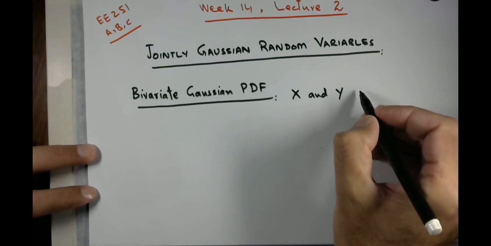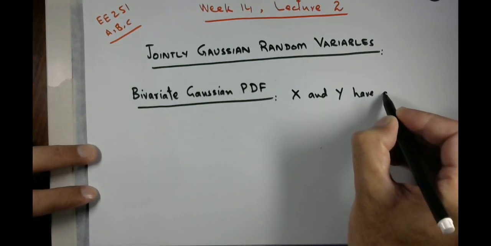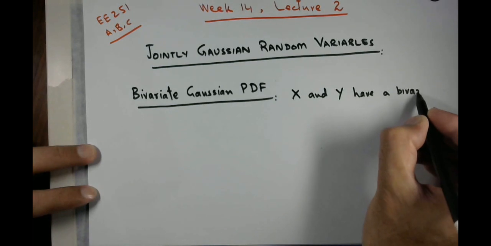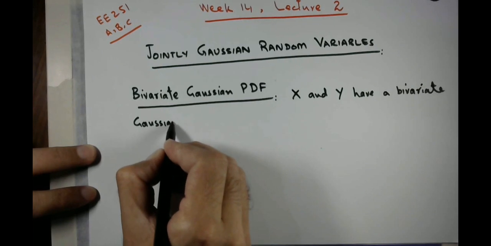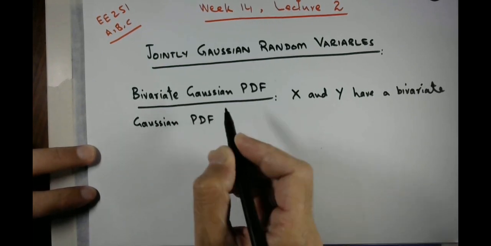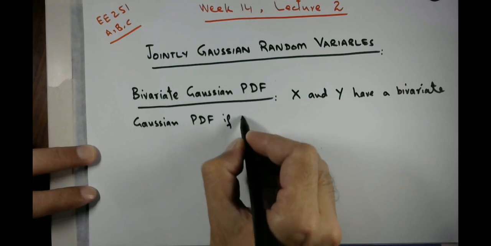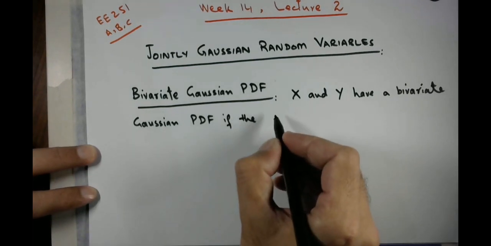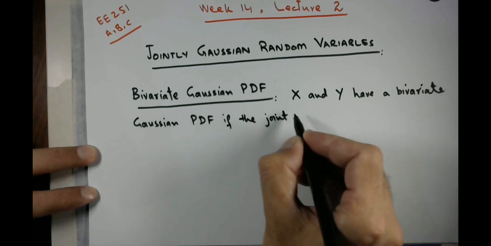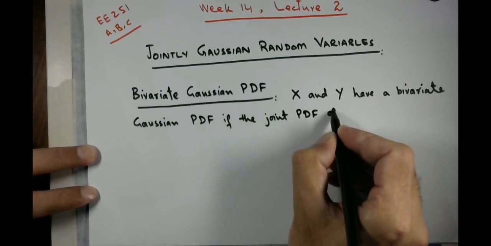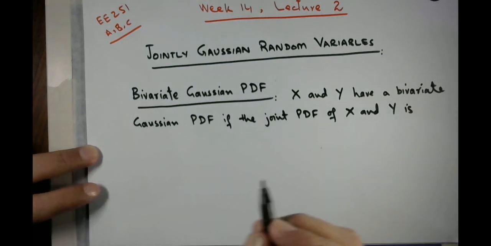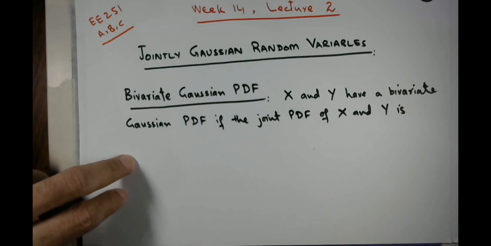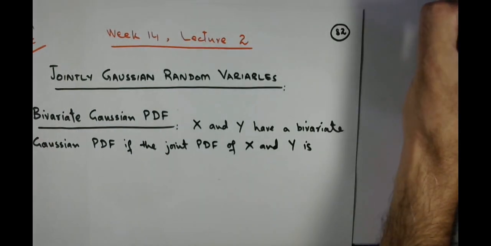X and y have a bivariate Gaussian PDF if the joint PDF of x and y is something like this. I'll have to use the next page because the expression is a little longer.